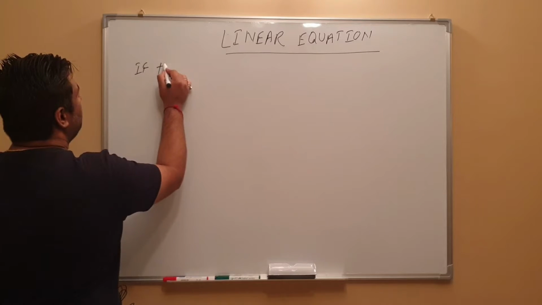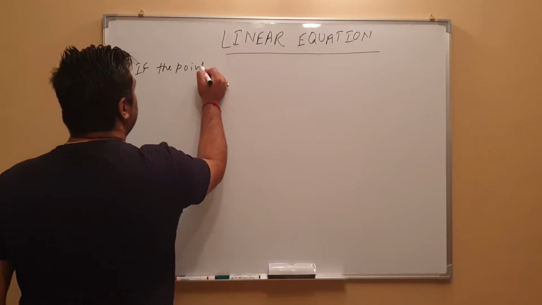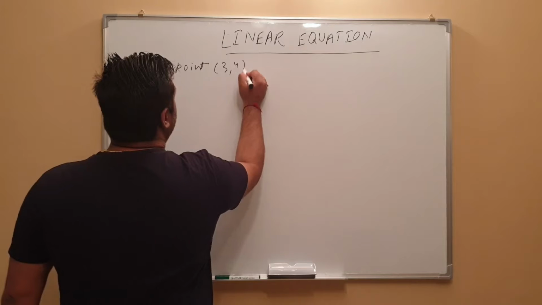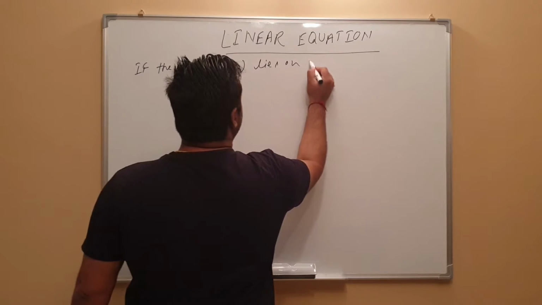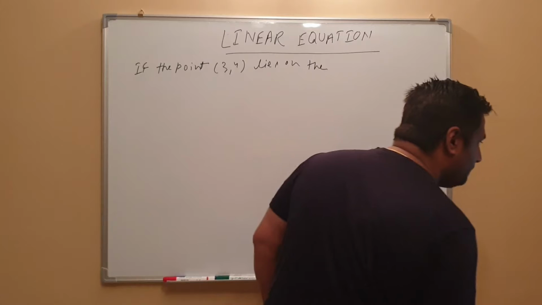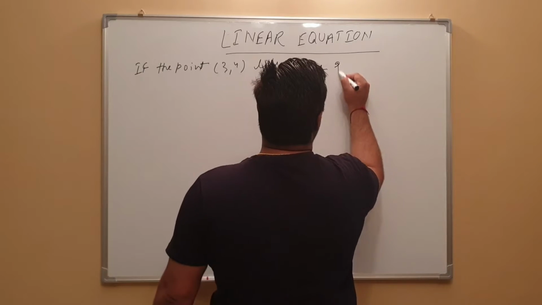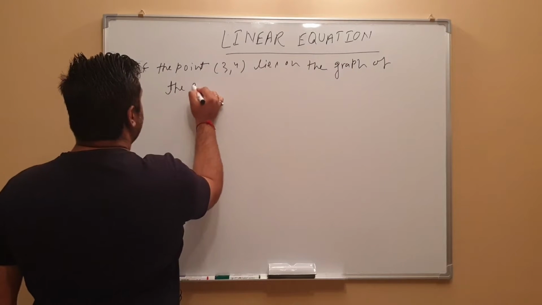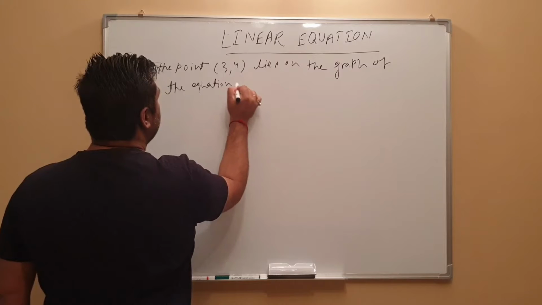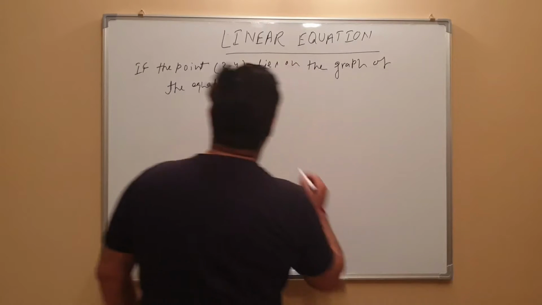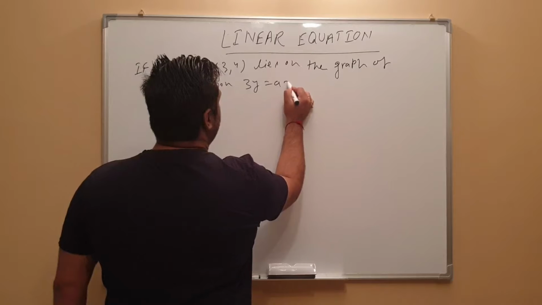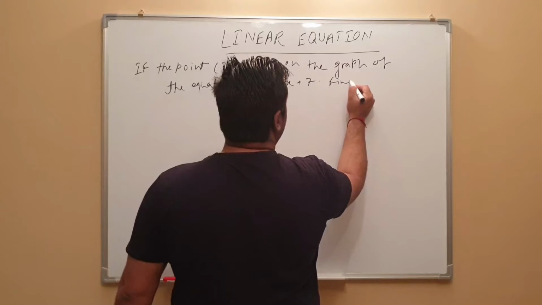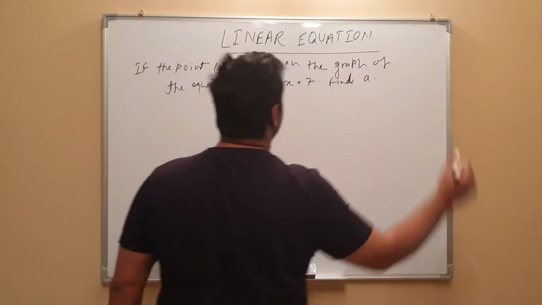If the point (3, 4) lies on the graph of the equation 3y = ax + 7, find a.